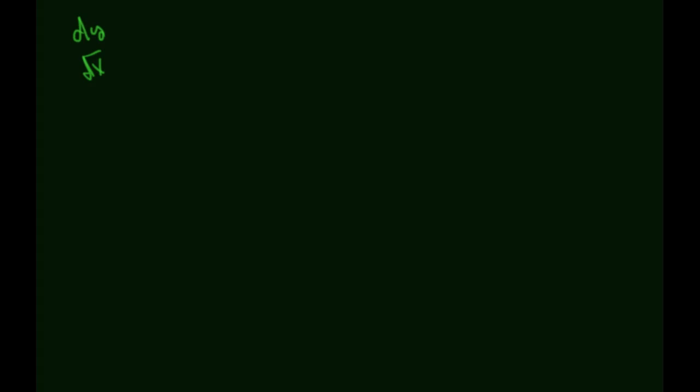So we're going to go from r's and thetas back to dy dx. Let's use this example. Let's say that r of theta is 1 plus sine theta. We want to know what dy dx is when theta is pi over 3.